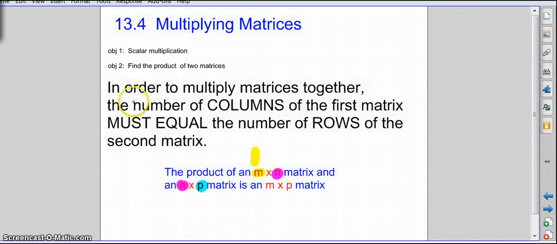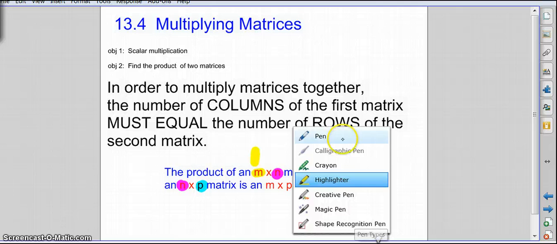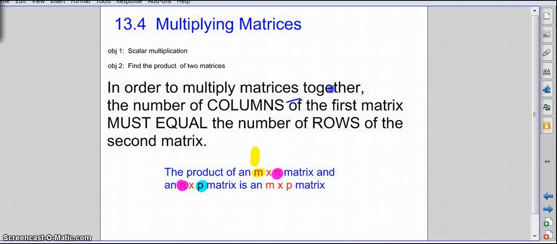So what this is saying is, in order to multiply matrices together, the number of columns of the first matrix, that's n, must be the same as the number of rows of the second matrix.